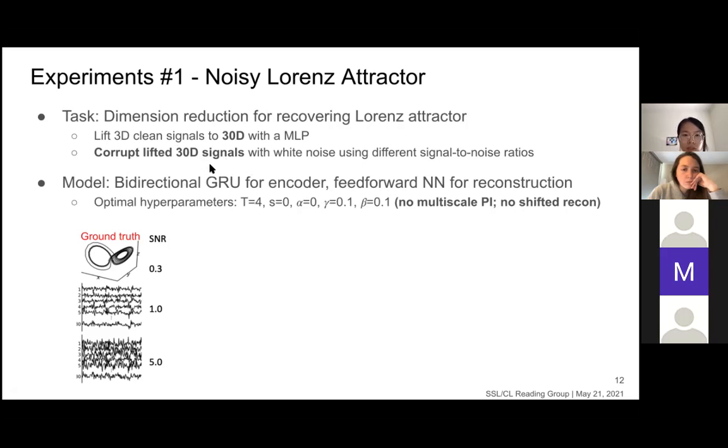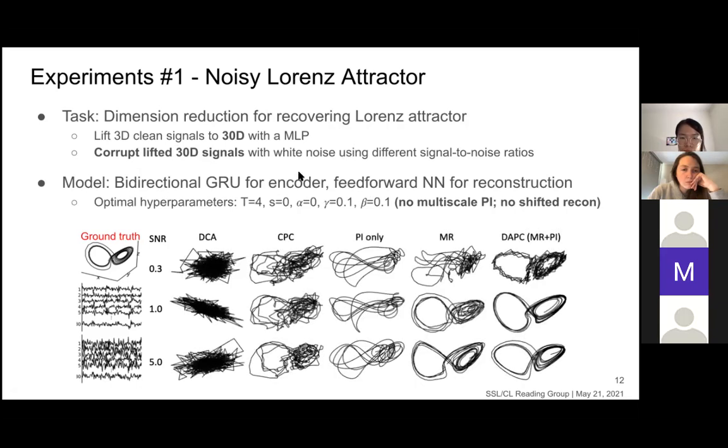And here are the models. The encoder and decoder are pretty simple. Sorry, the encoder is a bidirectional GRU, and the reconstruction is just through a feed-forward NN. They also compare to previous methods. For example, CPC is the earlier contrastive learning framework. I believe the last three columns are their methods, but different variants.